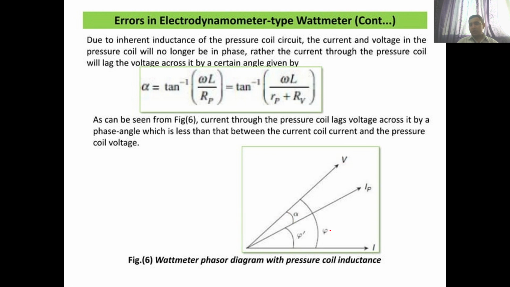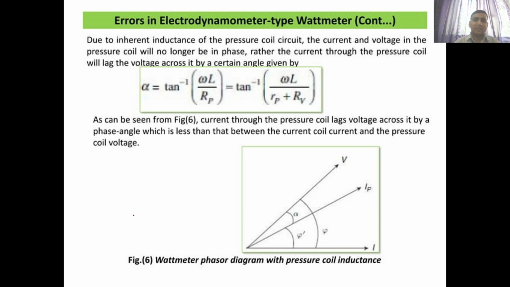As we assume inductive nature, the current Ip and the current flowing in the current coil CC have some angle between them, phi dash, as a lag. Now we have to see what the effect of it will be.